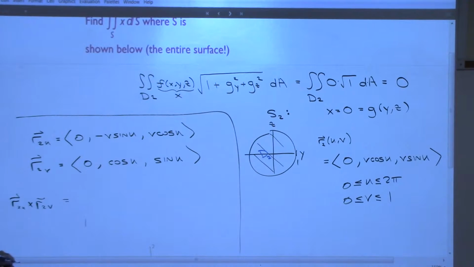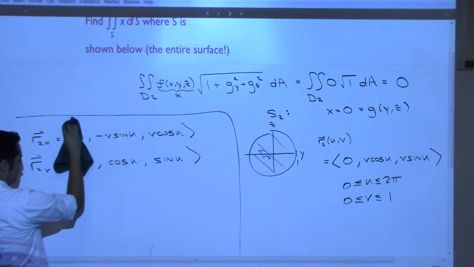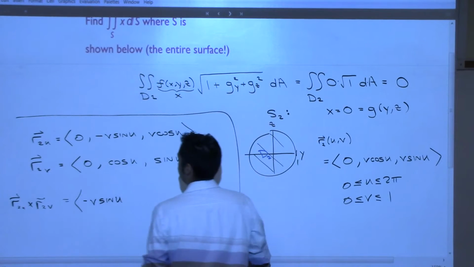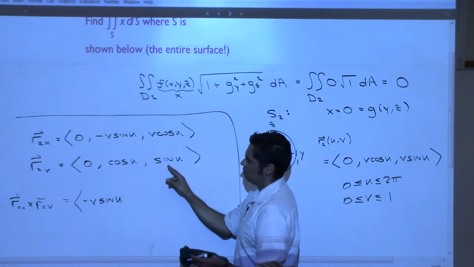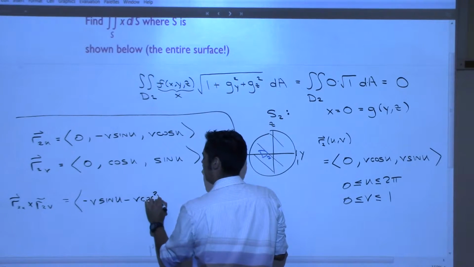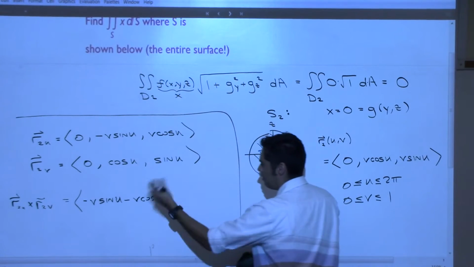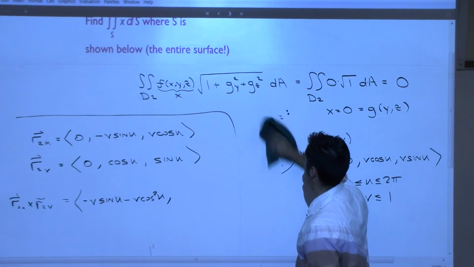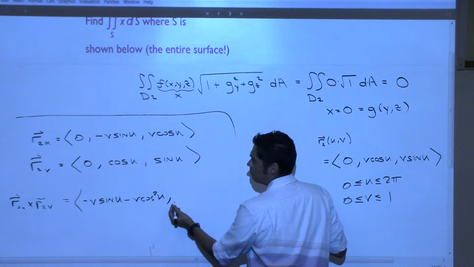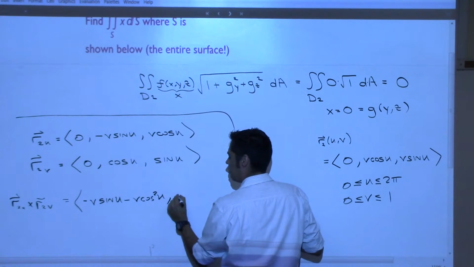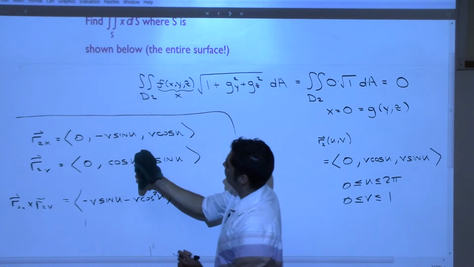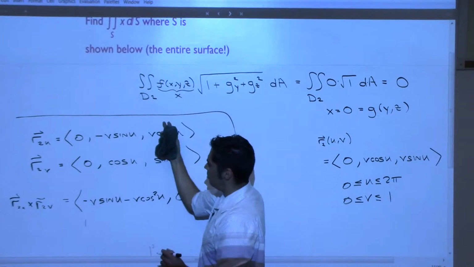Cross these. Cross them. So here, what do we get? Negative v sine squared u minus v cosine squared u. I'll take care of that on the next step. Next part. 0, 0, so 0, and then where am I? Hold on. I did this one 0, 0. So 0 again.